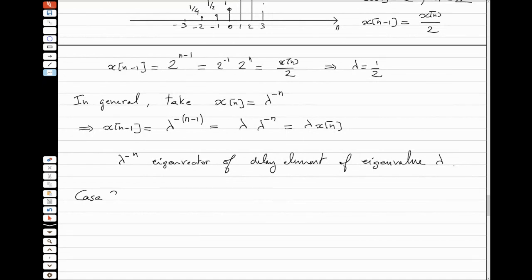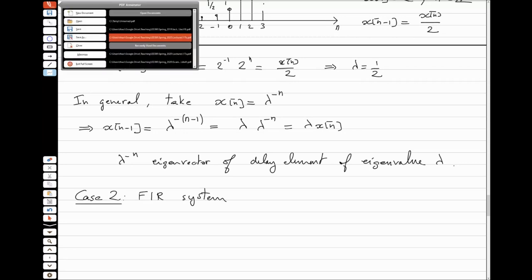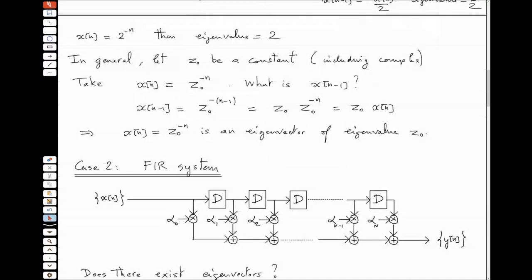But let's go into more complicated systems. Okay, I'm going to save this file, and I'm going to go into FIR systems. To get the FIR system, I'm going to copy from the previous file.